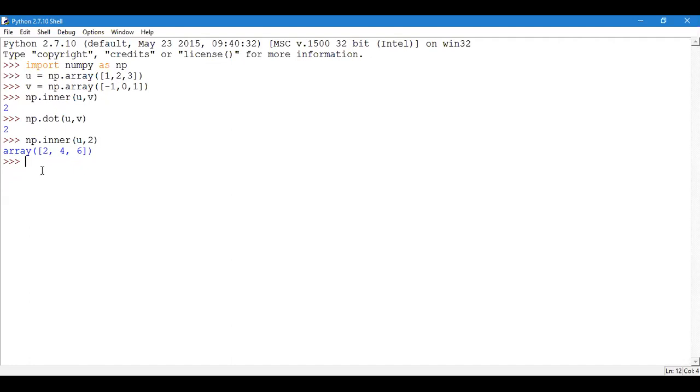Now, moving on to the next important part, that is multi-dimensional products. For multi-dimensional products, let us consider an array, np.array, 1 comma 2 comma 3, comma 4 comma 5 comma 6.